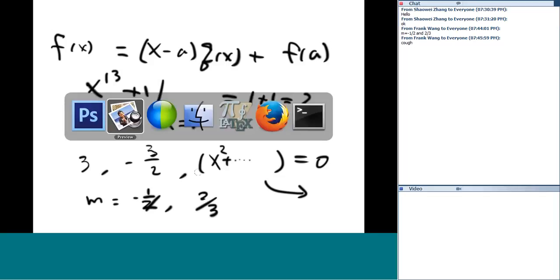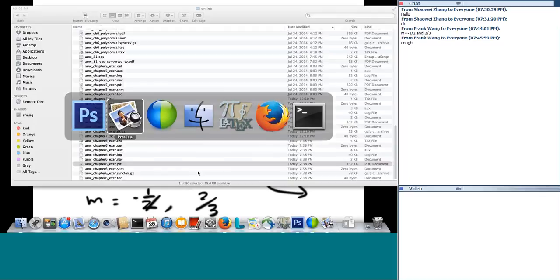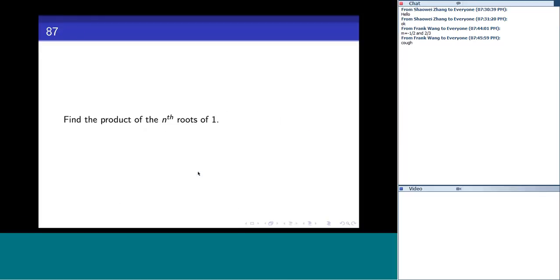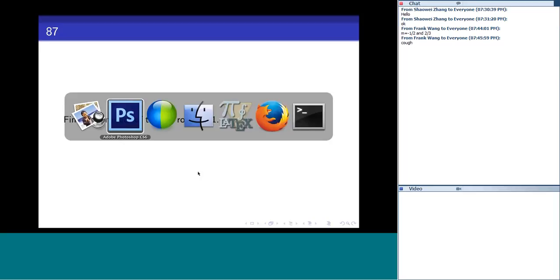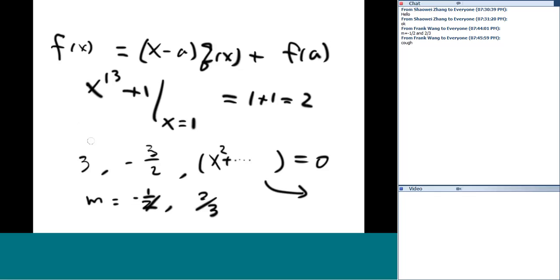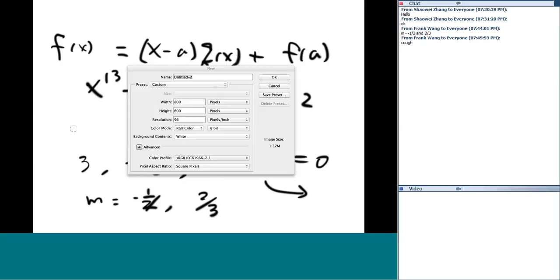Good. What is this? Skylar, you have it? Yeah, I have (-1) to the n plus 1 power. Okay. Yeah, because that's simple, okay? That's fine.